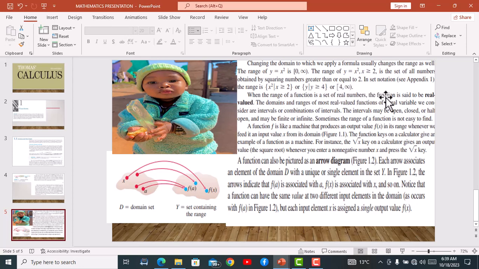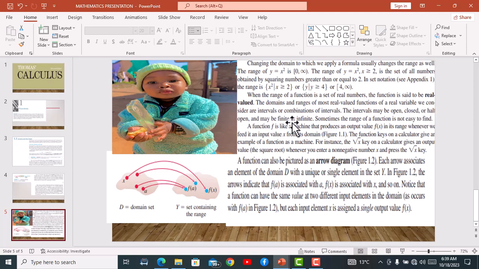When the range of a function is a set of real numbers, the function is said to be real valued. Obviously, when you input real numbers, you will get a function that is also real valued. The domain and the range of most real valued functions of a real variable we consider are intervals or combinations of intervals.